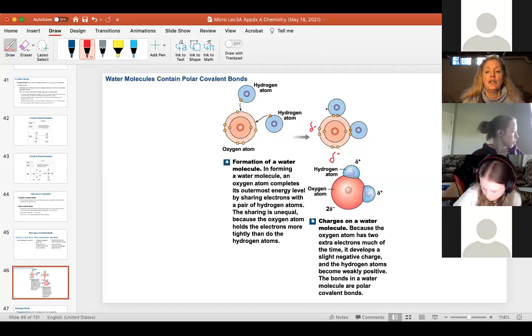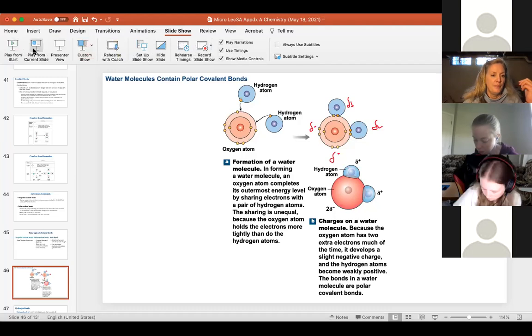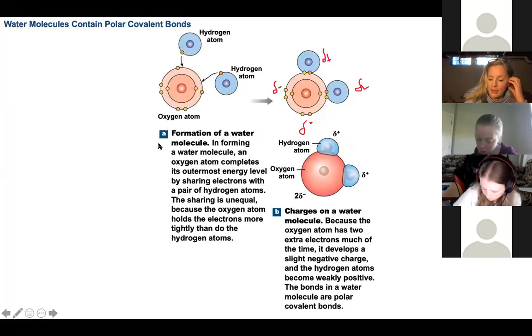So these hydrogen atoms become almost like what we call a proton, and they end up with partial positive charges, okay? Delta positive out here, partial positive charges. I hope you all get that. And that's what they wrote in here on the charge.